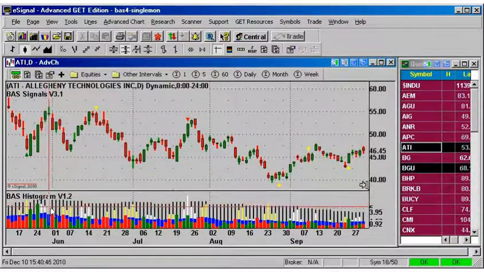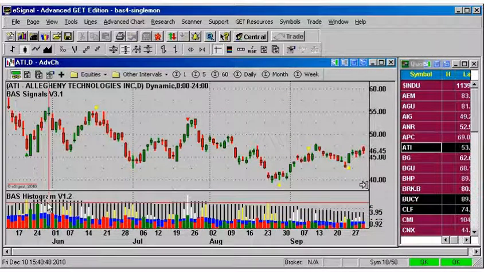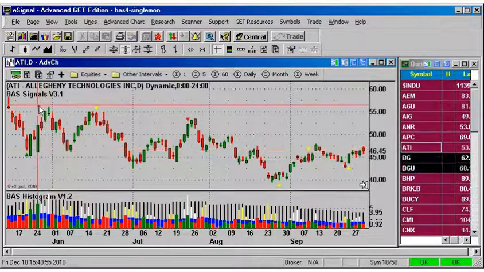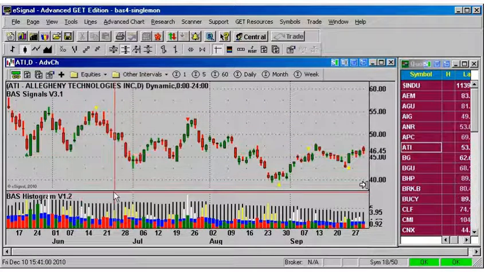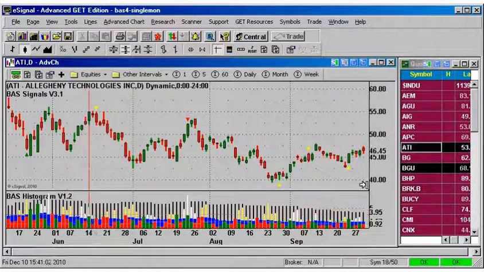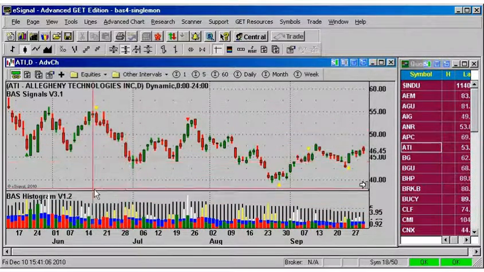So let's scroll over so we can see some examples here. Here is green and white. Green and white represent that BAS thinks the price is going to soon go down, and here they do. So green and white, price will go down. Here it does.